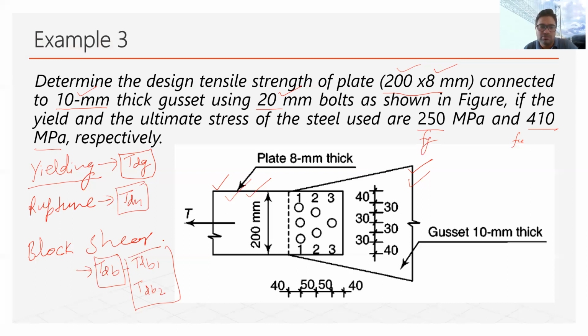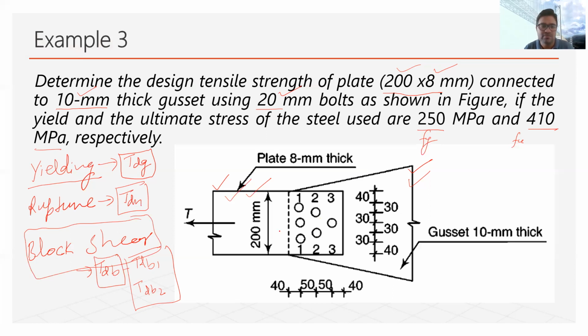Generally, we don't consider block shear failure when the plates are connected with bolts in this zigzag manner. So in this example, I will not be calculating the strength of the plate in block shear, because the plate will not fail in this aspect when connected in a zigzag manner.